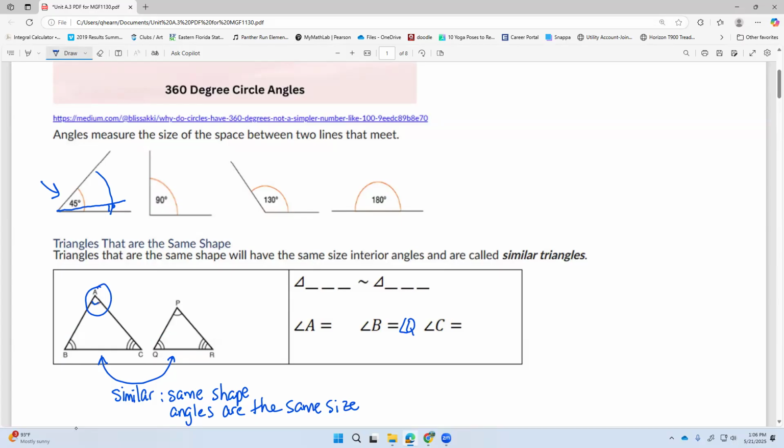It has only 1 mark, so it's the same as angle P. That means they have the same measure. By the way, this little thing that looks like an L shape is a symbol for an angle. So angle A equals angle P, angle B equals angle Q, and also we have our third angle, angle C, which has 3 marks on it, and we're being told it is the same as angle R.